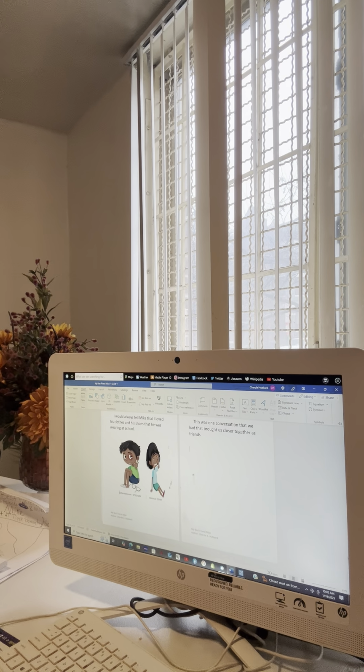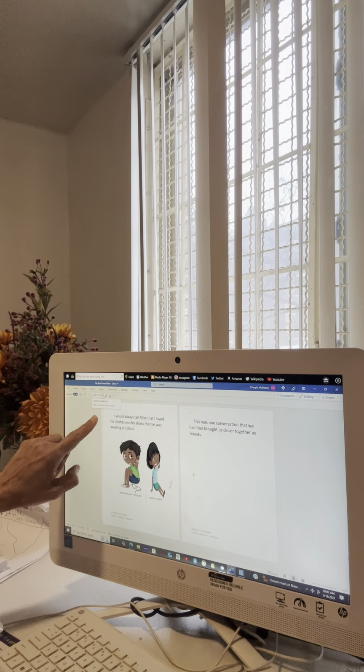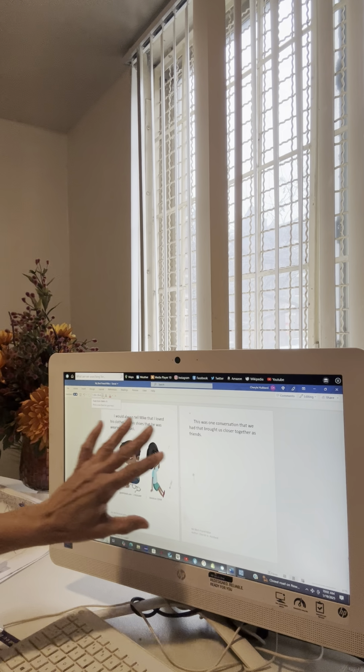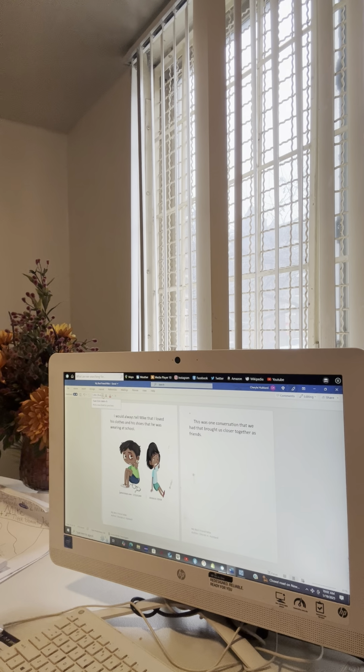But if you want to do other things up here, you have file, home, insert, design, and layout, where you can deal with your margins. And right here you have the different types of writing, like Calibri body, or whatever language you want to change your words over to.